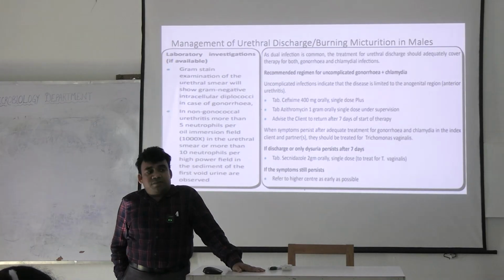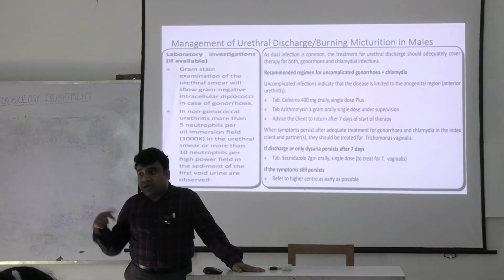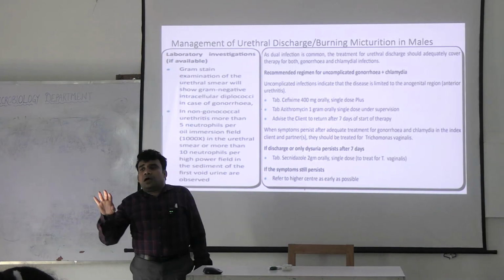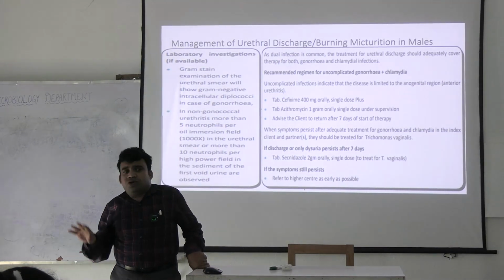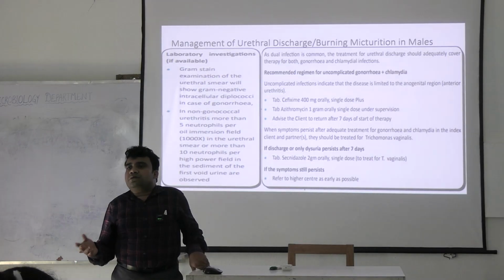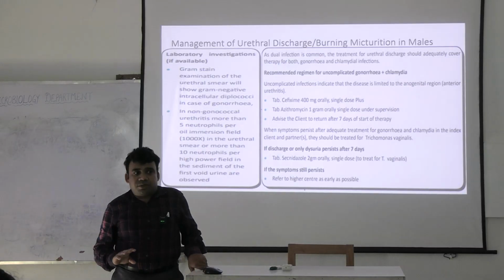That means he is repeatedly getting infected by the partner. Hence, after we have given treatment, we can give secnidazole. It's a drug that is given for anaerobes, like metronidazole. I think you have heard of metronidazole, tinidazole. The congener of tinidazole is secnidazole. We can give the treatment.